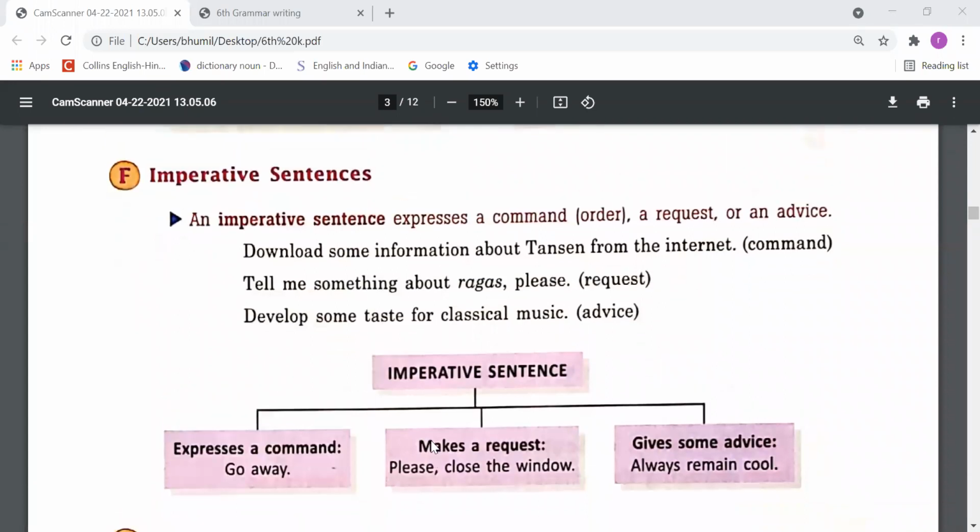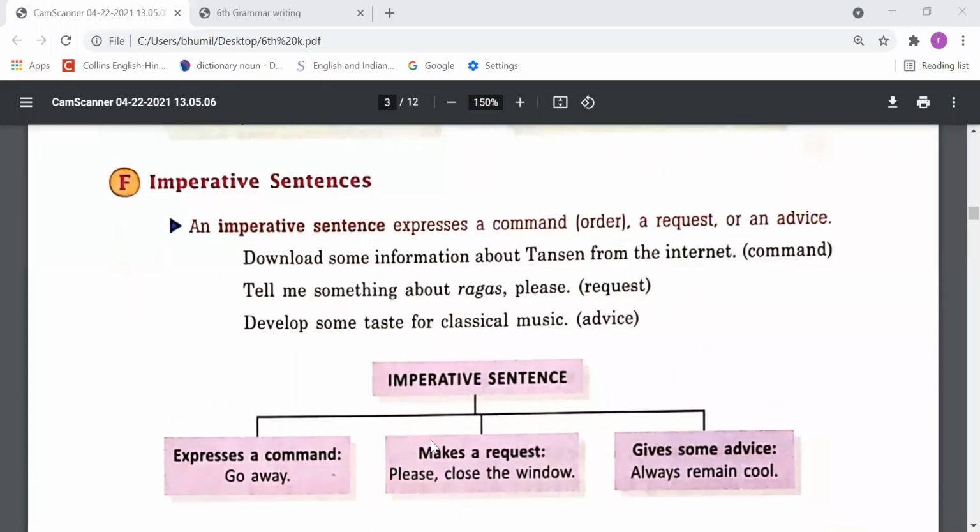So, dear student, sentences in which we say something to someone to do are called imperative sentences. Suppose I say to you, please stand up, please go there, please open page number 10. I'm just telling you to do something.